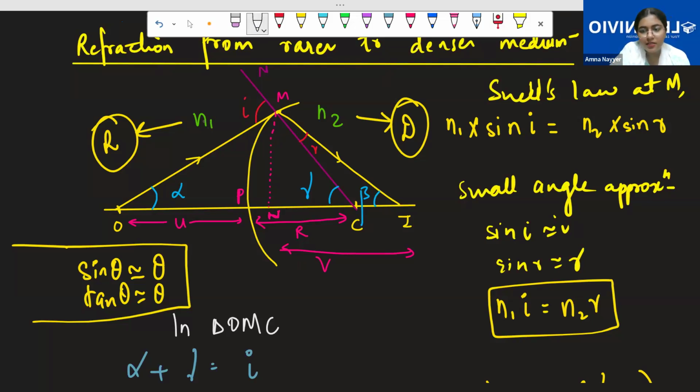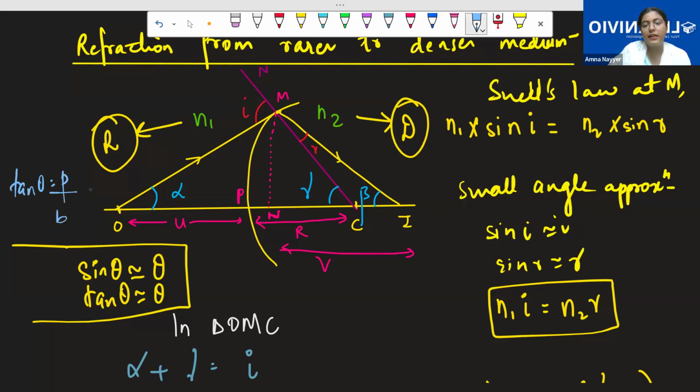Tell me the formula of tan theta. Perpendicular by base, exactly.